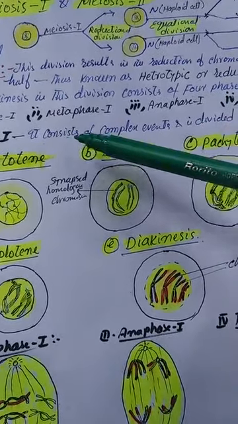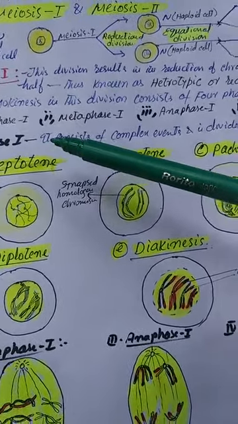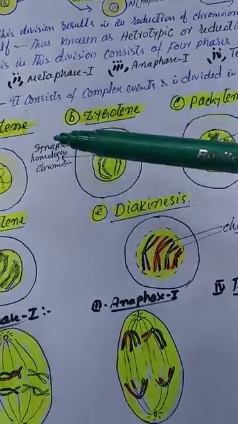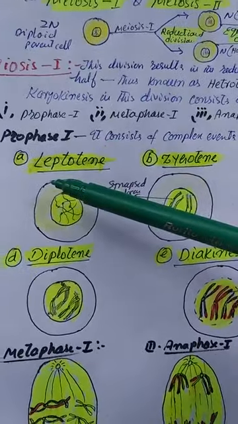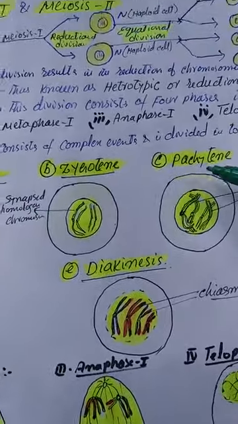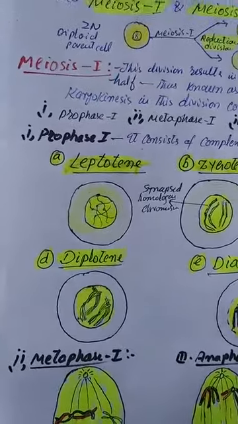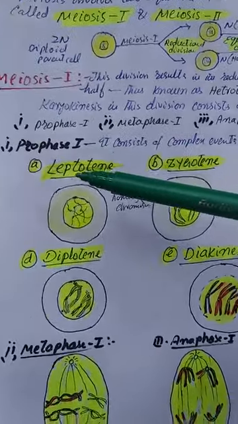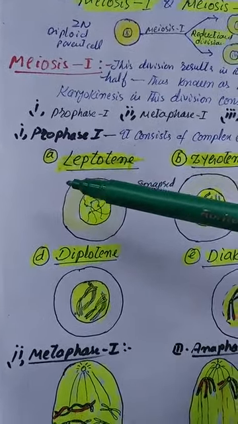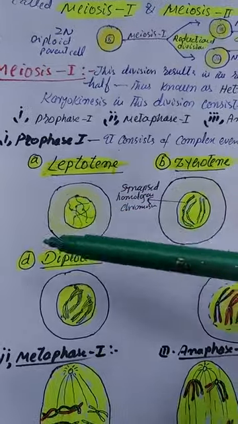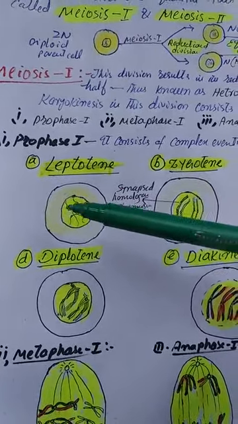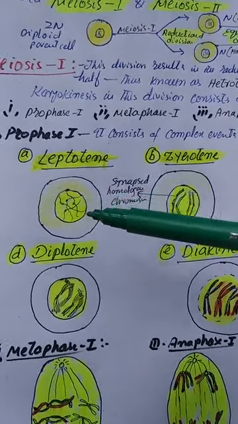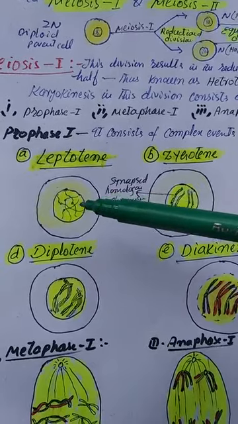As you can see in this sketch, prophase 1 is divided into five substages: leptotene, zygotene, pachytene, diplotene, and the fifth stage, diakinesis. As far as the first stage, leptotene, is concerned, during this stage condensation and coiling of chromatin fibers lead to formation of distinct chromosomes, which appear as fine single threads of a bead.